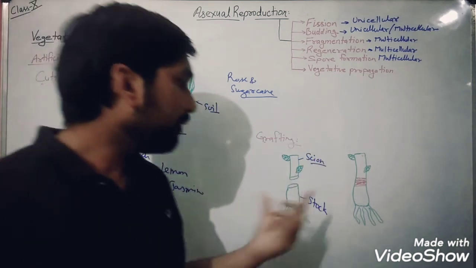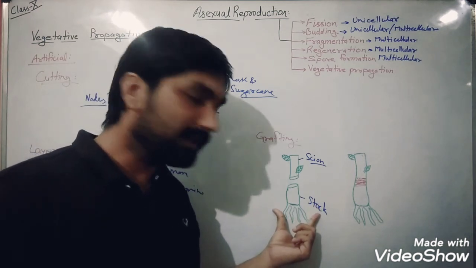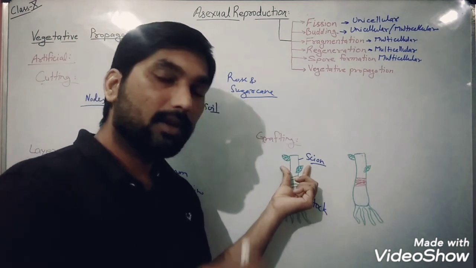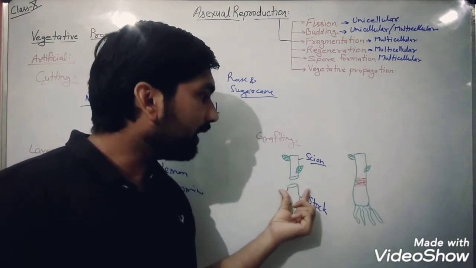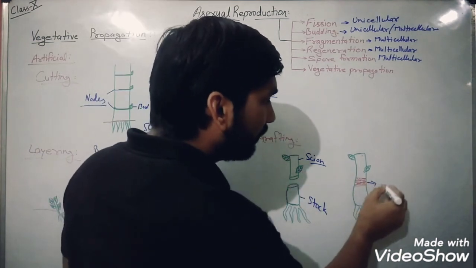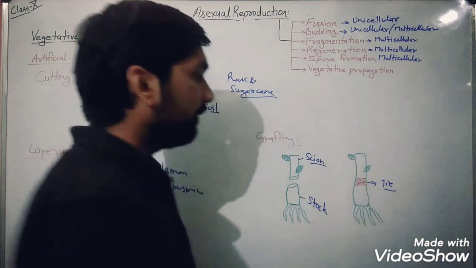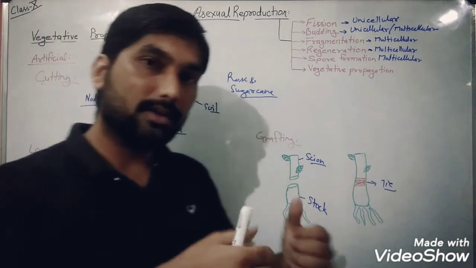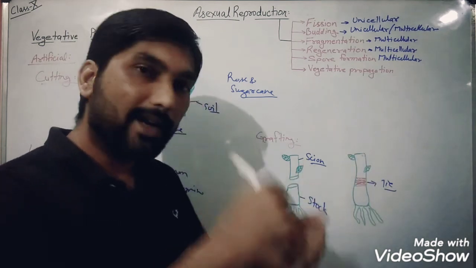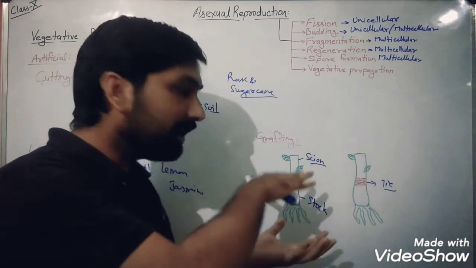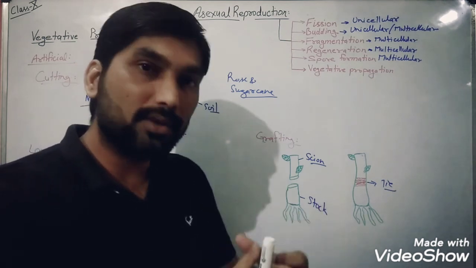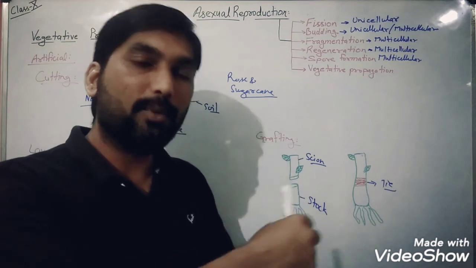So what we do is, on the root section of the plant, we implant a part of the other plant, and we tie it tightly with the help of some ribbon or rope, so that both parts are held tightly, and we fix it in such a manner that their connective tissues, meaning the vascular tissues, join properly.